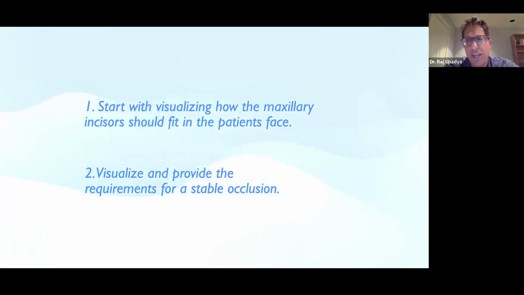I envision that the front teeth are going to be in the right location, vertically and horizontally, so that they have a nice looking smile. I envision that those front teeth are going to disclude the posterior teeth, if at all possible. So I'm going to envision all of that before I even get going with a treatment plan. It doesn't mean that we're going to do a tremendous amount of dentistry for somebody, but I'm just having that vision of where it's going to be.